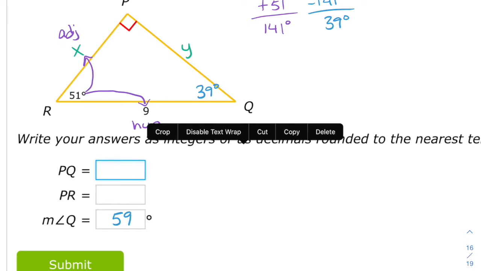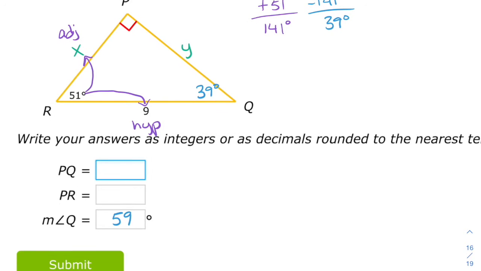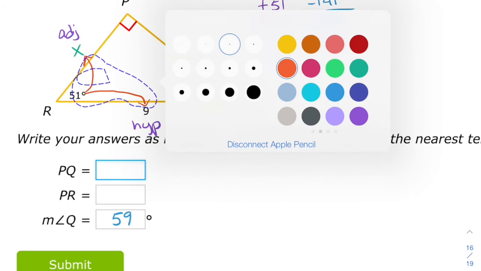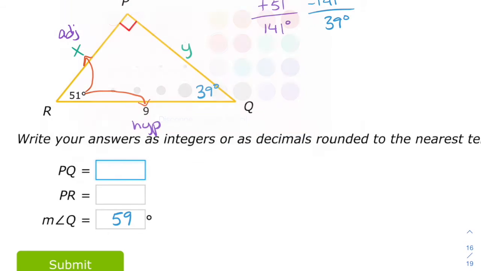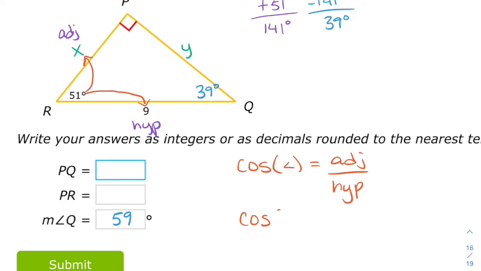I will change the color of these to orange. So I'm going to do adjacent over hypotenuse. The cosine of an angle is equal to the adjacent over the hypotenuse. So the cosine of 51 degrees equals x over 9.